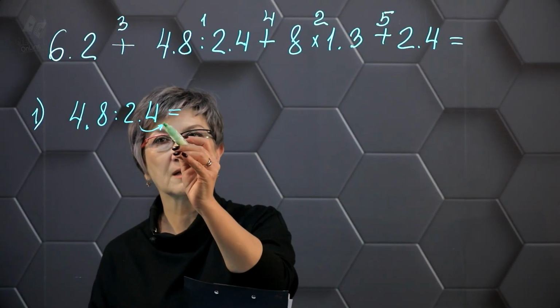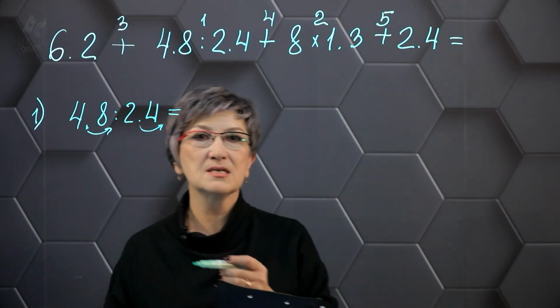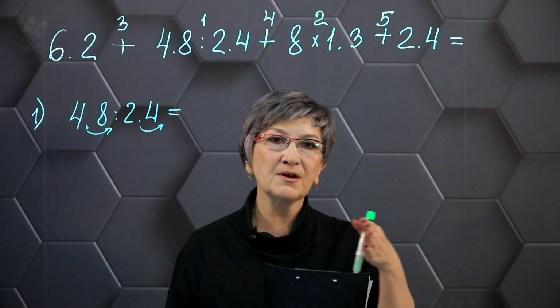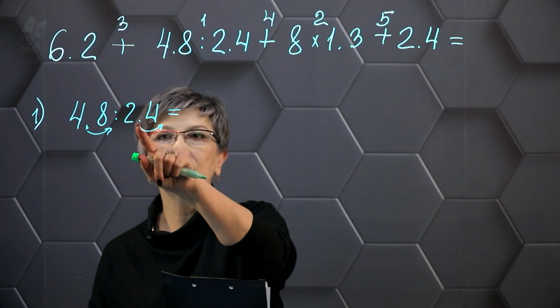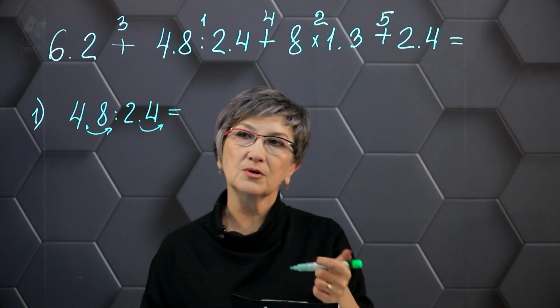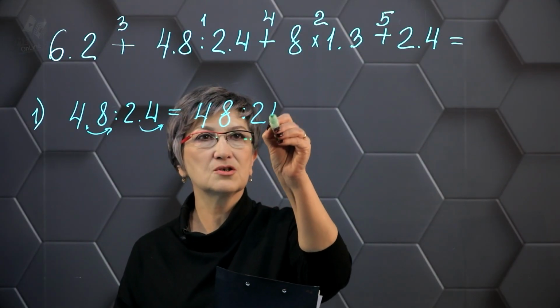This action is done simultaneously, so if you move the point in the divisor one sign to the right, you also move it to the right in the other number. The result is 48 divided by 24.